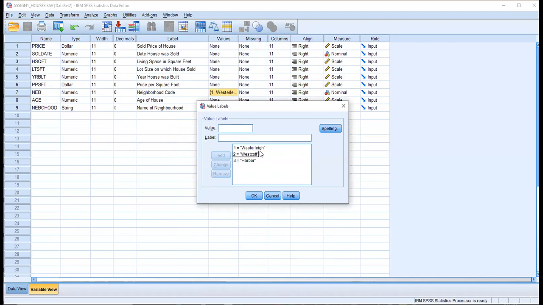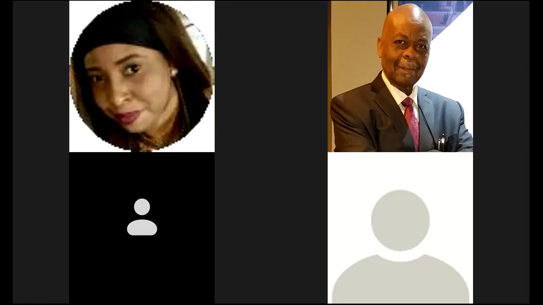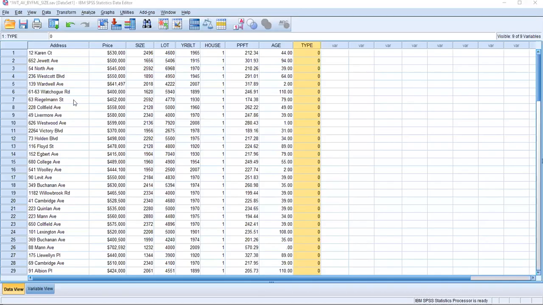No, this is not what we're looking for. This is what we're looking at. The price of houses, the size of houses, the lot. This is housing by family size.